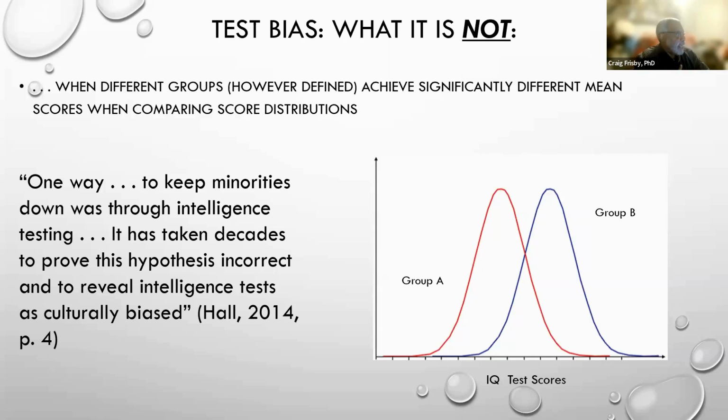And this person says, one way to keep minorities down was through intelligence testing. It has taken decades to prove this hypothesis incorrect.